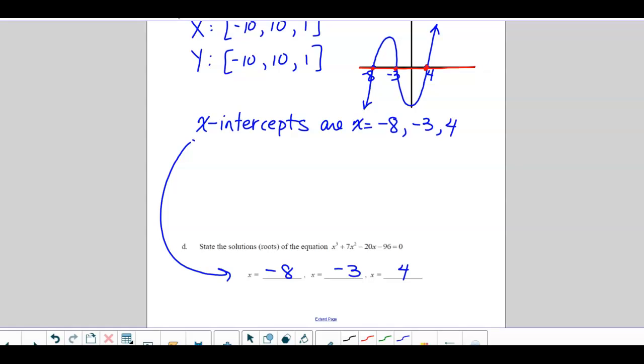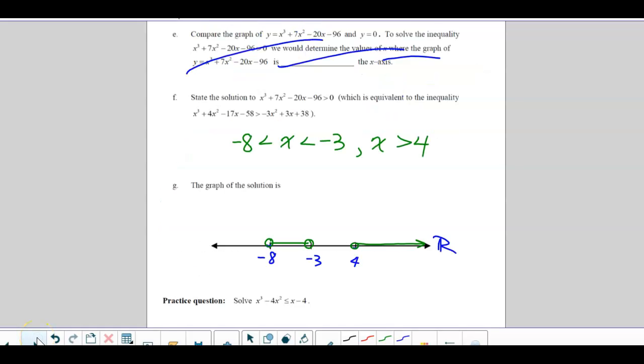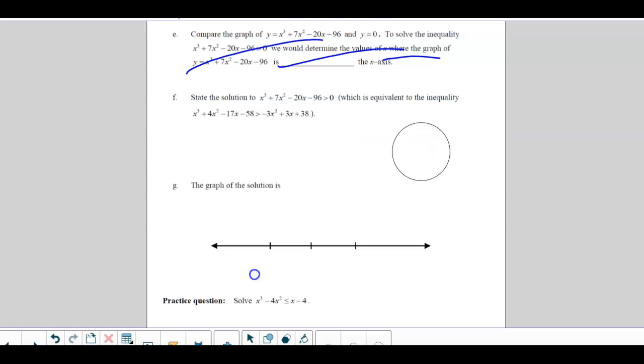So I'm going to go to my next page here. It says compare the graphs of the two graphs that you put into your calculator to solve the inequality where it's greater than 0. We would determine the values of x where the graph is above the x-axis.